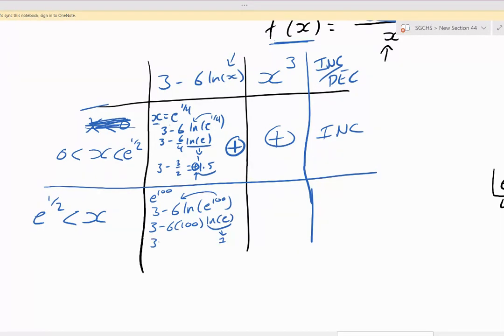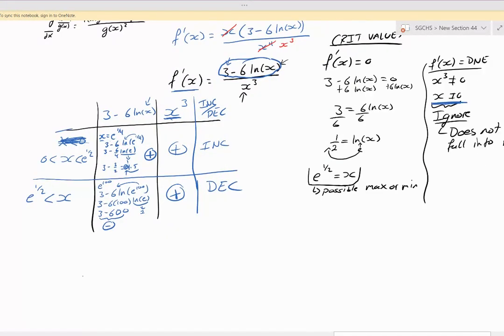So that's 3 minus 600, which is obviously going to be a negative number. So any number greater than e to the 1 over 2 is now negative. This will be a positive value. Any number we put in here that's positive will spit out a positive number. And then you have positive and negative, which makes it negative, so we are decreasing on this interval.